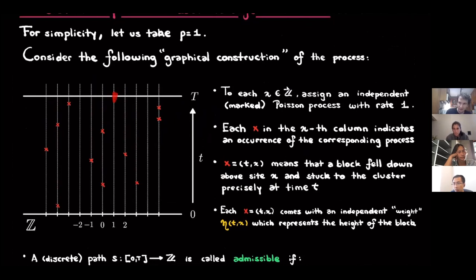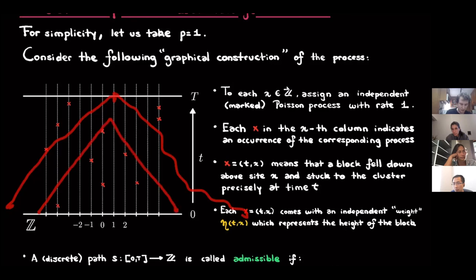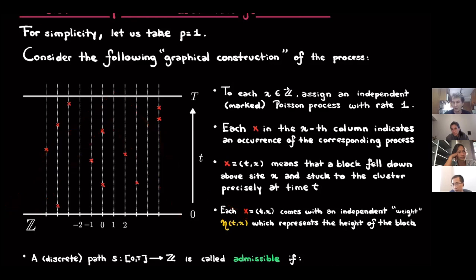You will get a path like this, which can go very far away, but in the scaling limit, it will look like a straight line with slope equal to 1. So that gives you the triangle and the one-Lipschitz paths.